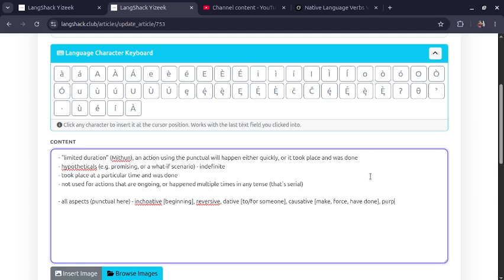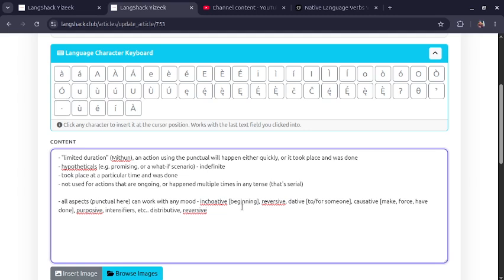You can do others like the purposive, and even intensifiers, etc. Because there's also the distributive, which is very common in Tuscarora. So there's the distributive, and I'm going to also put the reversive here because it's also very common. So all aspects can work with any mood, right? And sometimes the moods can act just as part of the verb itself.